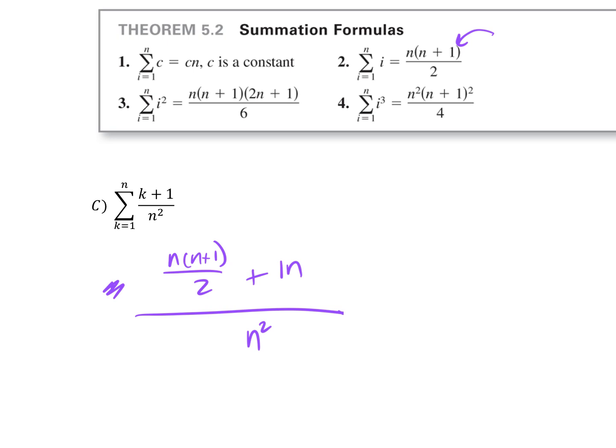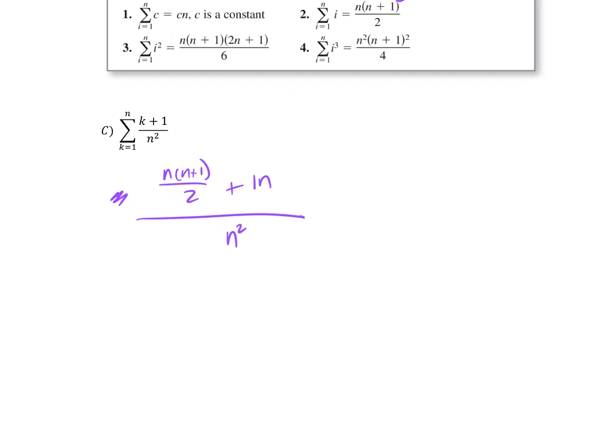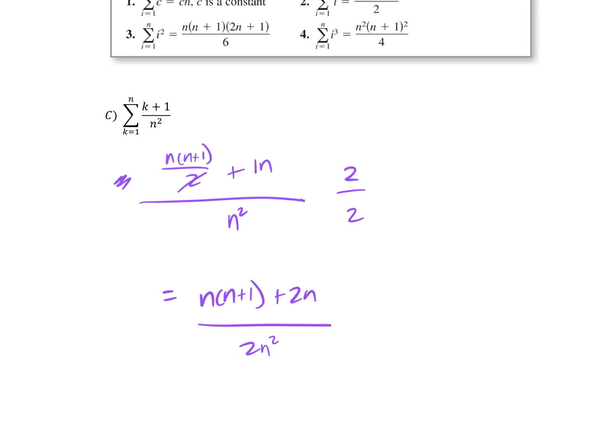Everybody good? Now, the whole purpose of this is to come up with a simple expression. So I'm going to multiply this by 2 over 2 to get rid of that fraction within a fraction because that's messing me up. So I have n plus 1 plus 2n over 2n squared. Can you think of anything else we could do to simplify this a little more?